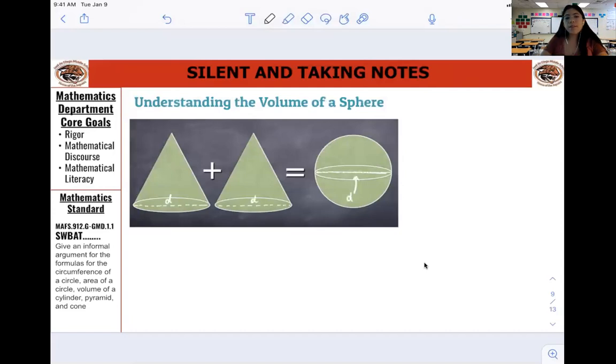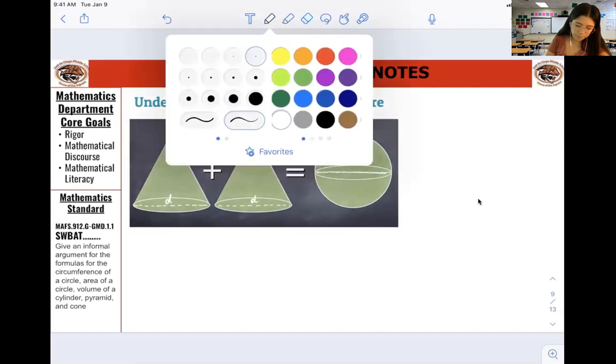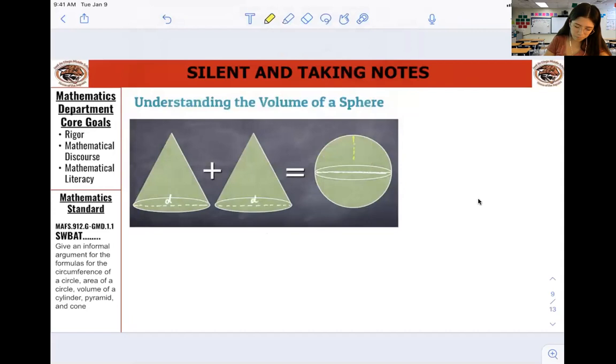Now, remember what I said, they have the same height as well. Let me draw another line. These will all have the same height. Okay, so same diameter, same height.